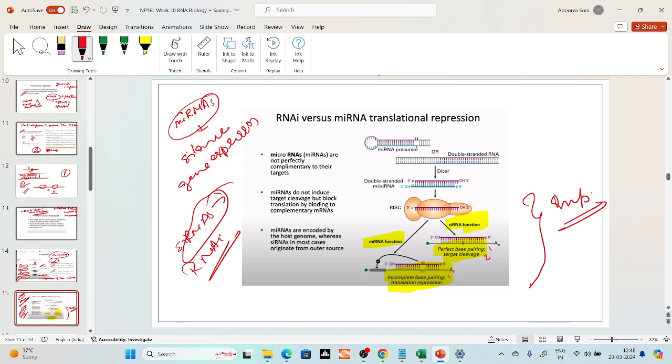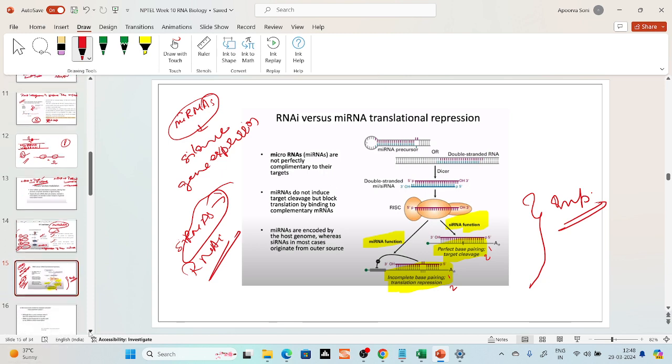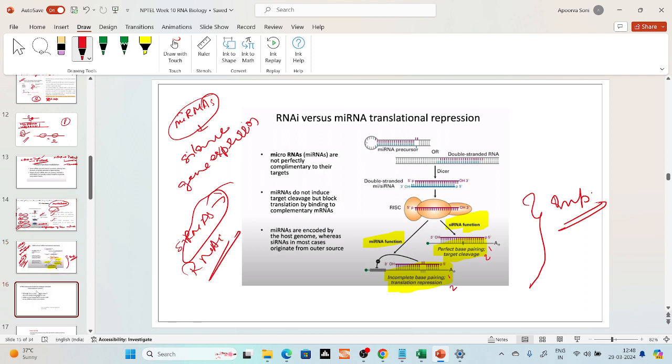One, siRNA does a perfect base pairing, which leads to the cleavage of the target, whereas two, miRNA has incomplete base pairing, which leads to translational repression. So miRNA cannot do the cleavage of the target because pairing is not perfect. This is the major difference between the mechanisms of microRNA and siRNA.